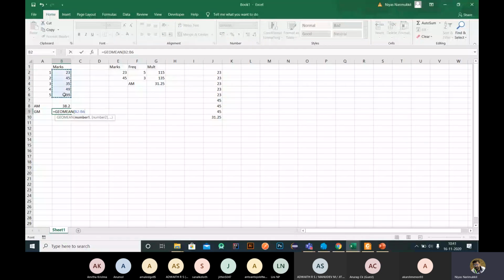We will get the geometric mean as 36.9874. So to find the geometric mean, we can directly use the function called GEOMEAN on the values. I hope you got the idea of geometric mean.